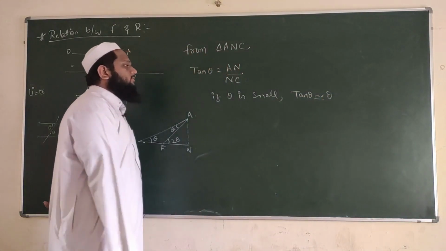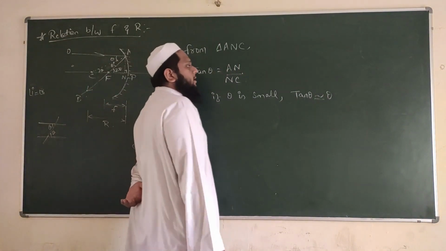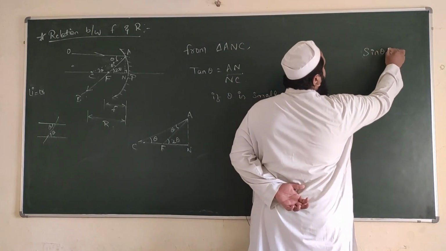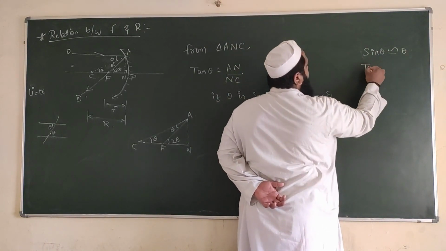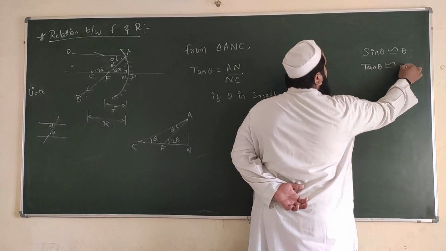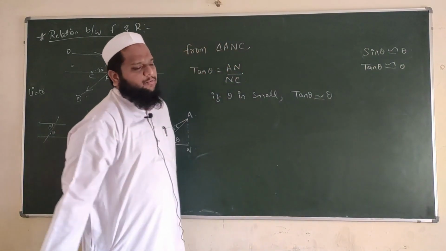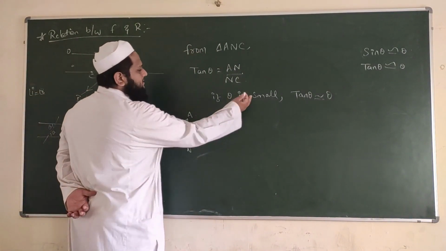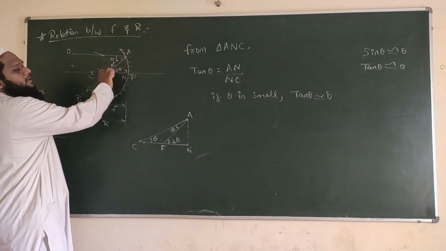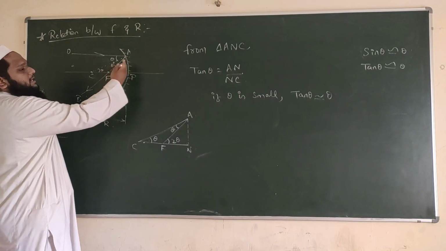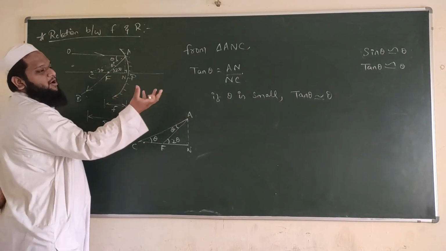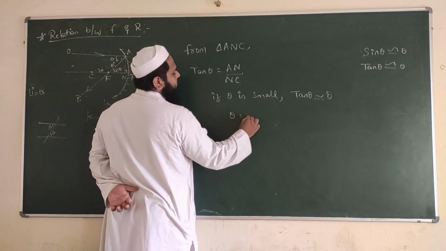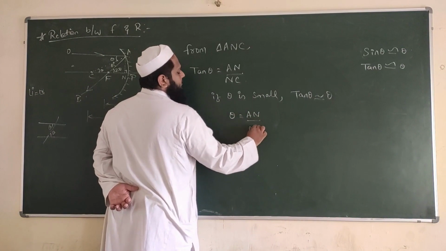I hope this was done in your first QC also. Whenever small angles are there, sin theta is approximated to theta, tan theta is approximated to theta, cos theta is approximated to 1. Why does that happen? The angle is very small, so opposite and adjacent will match in such a way that the tan function does not work so much. So you get theta is equal to AN by NC.